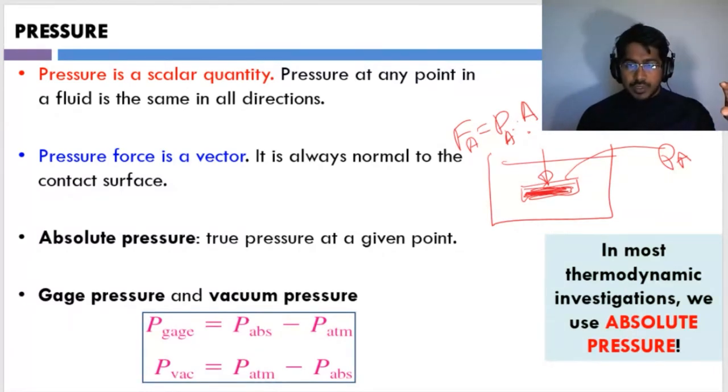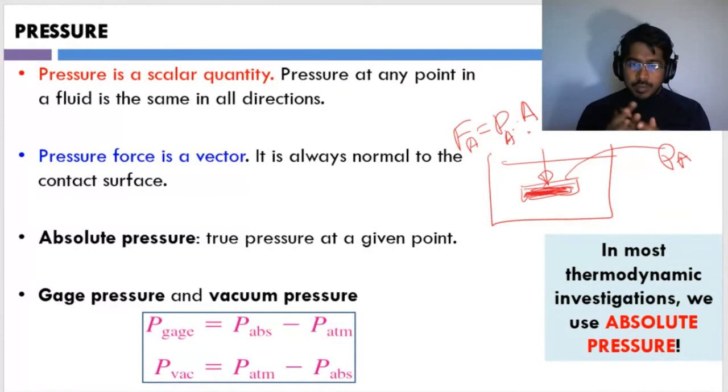Compared to your friend, in the case of age, we give gauge pressure compared to the atmospheric pressure. If compared to the atmospheric pressure it is 10 kilopascal higher, the gauge pressure is going to be 10 kilopascal. But the absolute pressure is going to be atmospheric pressure plus 10 kilopascals, right?